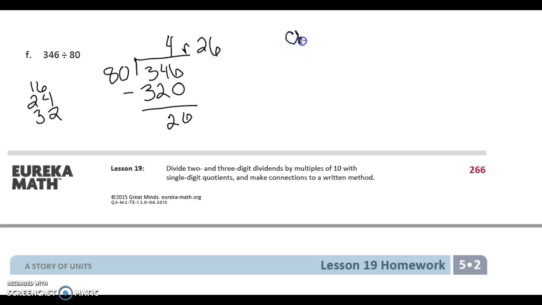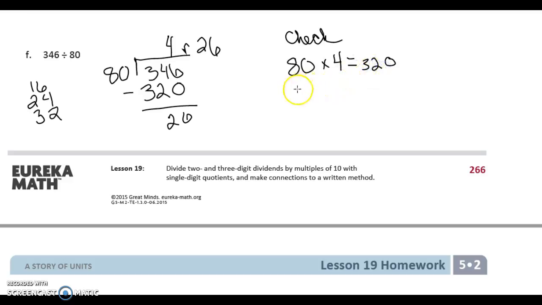And then to check it, you do it backwards. You take your answer. You multiply your answer by your divisor. So you take your divisor, you say times that whole number in your quotient, times 4. 4 times 0 is 0. 4 times 8 is 32.